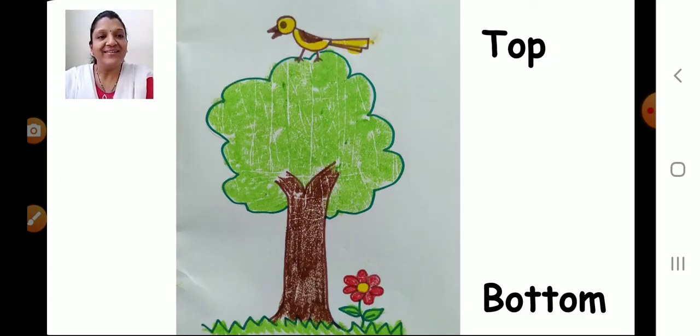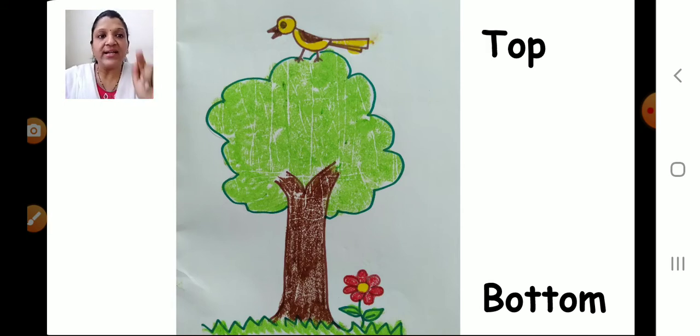Look here. Here there is a bird sitting on the top of the tree. A bird is sitting on the top of the tree. And where is the flower? Do you see the flower? Yes, the flower is at the bottom of the tree.